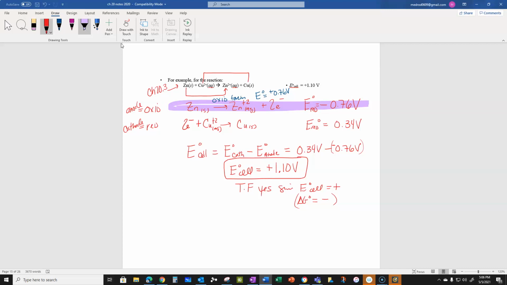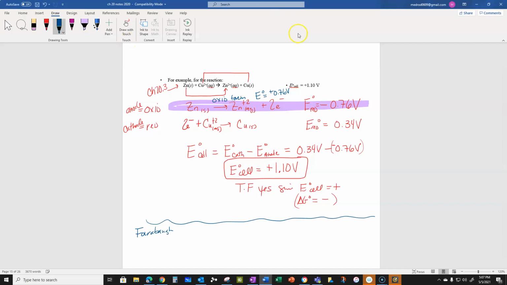If you flip the equation and put it in here, you're going to get a negative value for E cell, and we can't have negative because the whole point of a voltaic cell is it has to be positive. Okay, so this is where Farabrah does it differently. If it makes sense to you to do it this way, absolutely go for it. Okay, but just get the right answer.